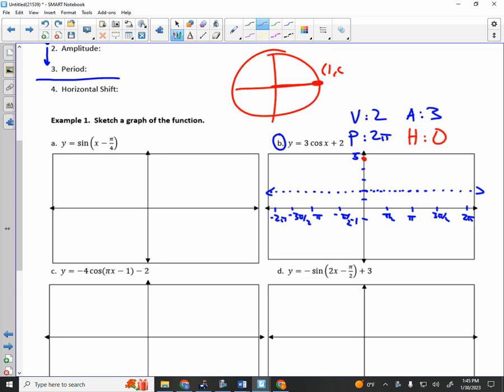Cosine of 0 is 1, because that's the x value. So cosine of 0 is 1, multiplied by 3 is 3, plus 2 is 5. So you could just always say that cosine will start at the maximum. And then it drops, goes to the bottom, comes back up, goes to the top.